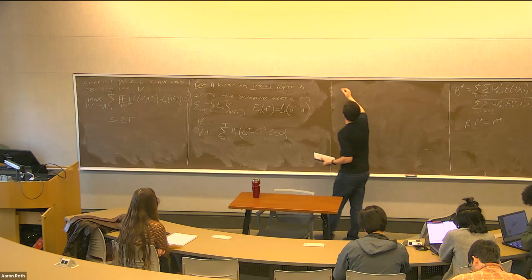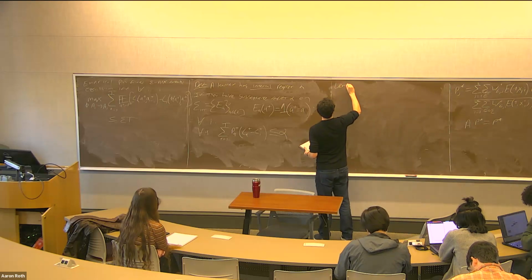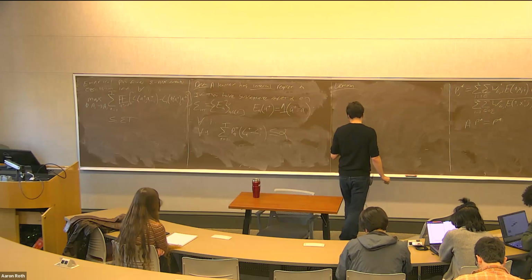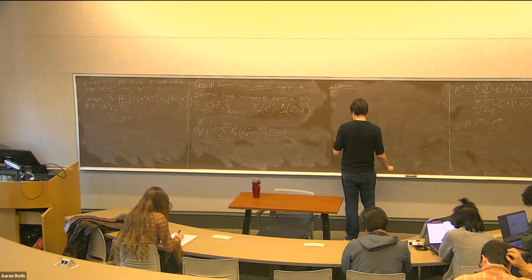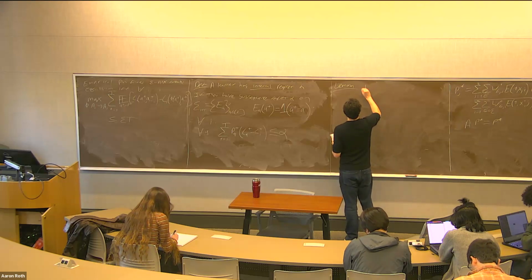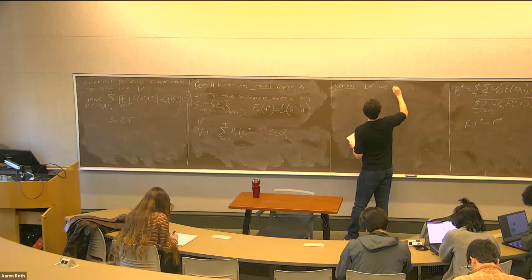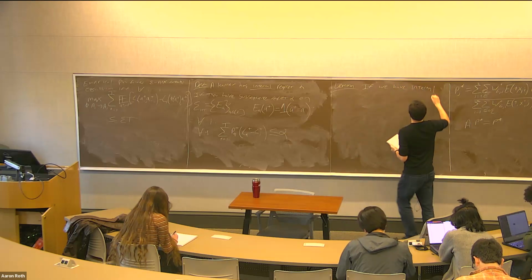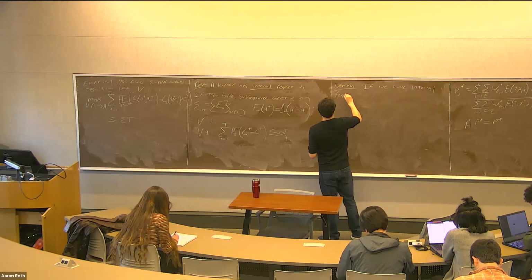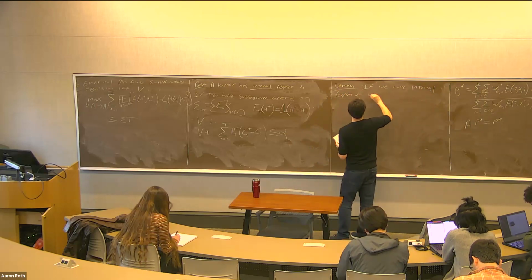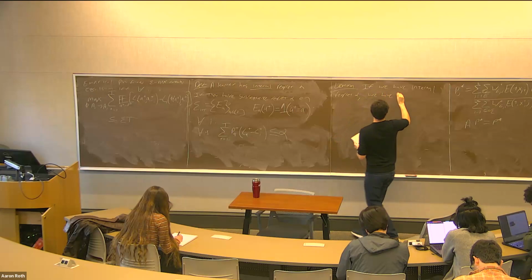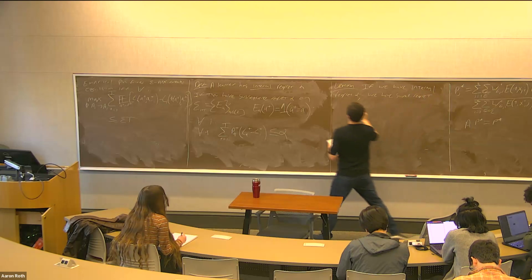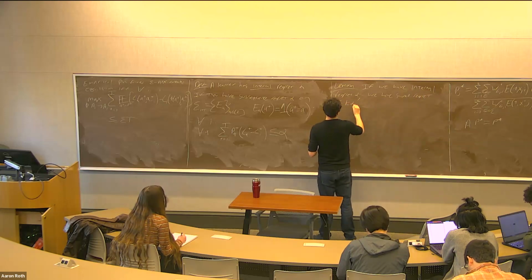Okay. So one observation is that if we have internal regret alpha, we have swap regret at most k times alpha.